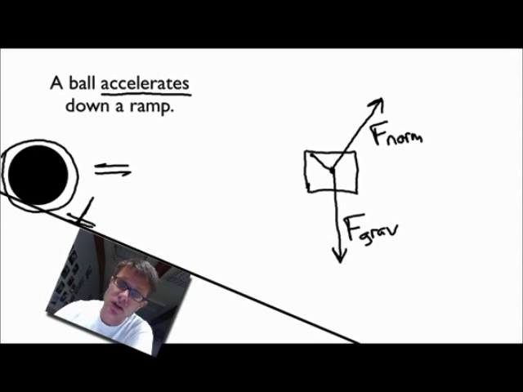So I'm going to try to draw a line that's parallel to the ramp. And I could always represent that as the force of friction. And lots of times I'll just double these up, and then the force of air resistance. And so that represents both of those. And those are going to be up the ramp. Now I can't see any other forces acting on it. It's the force of gravity that's causing it to accelerate down the ramp.